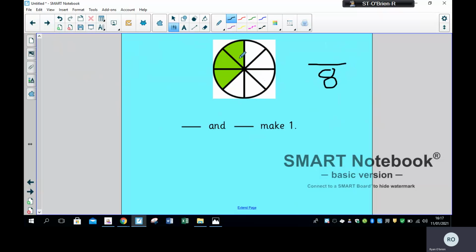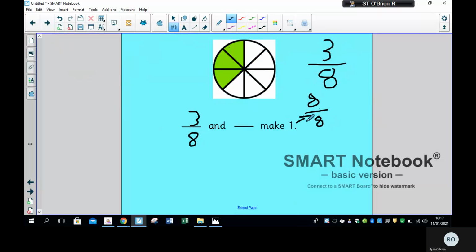It's 1, 2, 3 eighths. But here's where it's different, because today we need to find out how many more we need to make one whole. I know I've got 3/8 there, but I'm trying to make one whole, which is 8/8. One whole is 8/8.